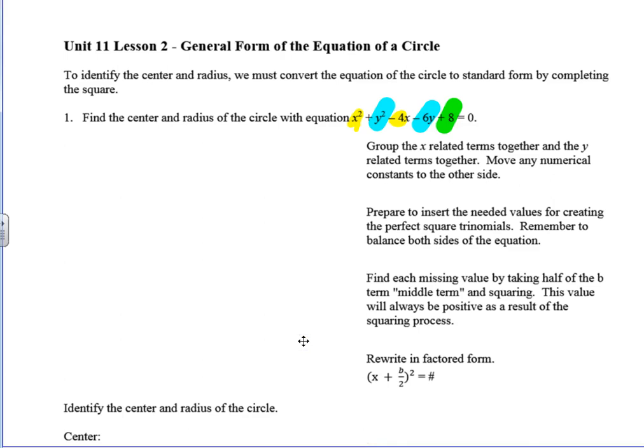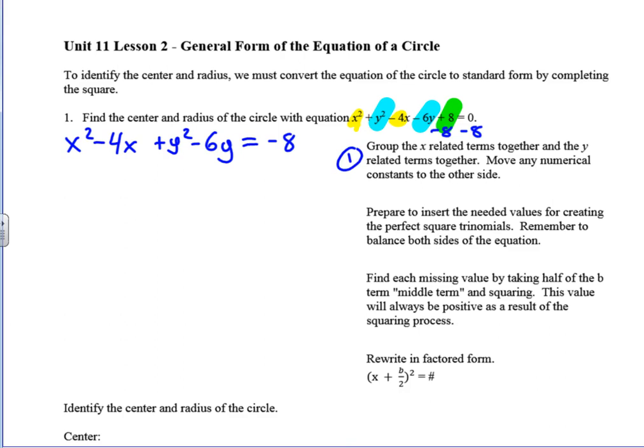So I'm just going to write this as x squared minus 4x, and then we've got plus y squared minus 6y. And if we're going to move 8 over to the other side, we do that by subtracting 8. So it would be minus 8. Okay, so that's step 1.